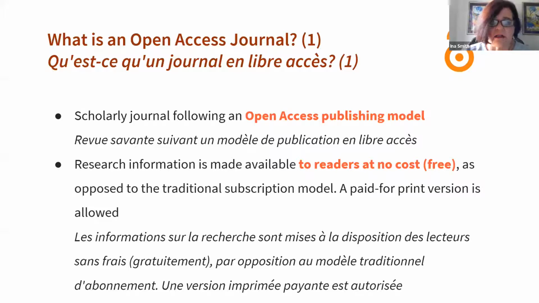A scholarly journal follows an open access publishing model. The research information is made available to readers at no cost, in other words, free, as opposed to the traditional subscription model. A paid-for printed version is allowed under the DOAJ criteria.